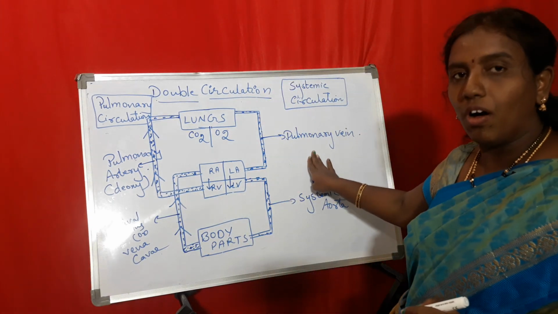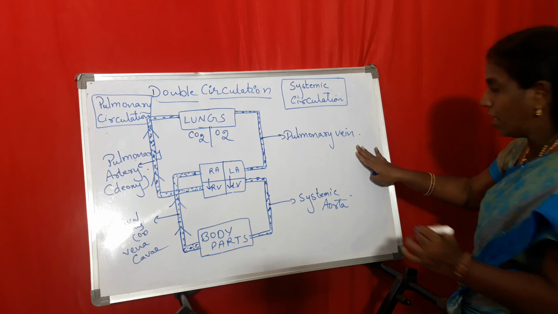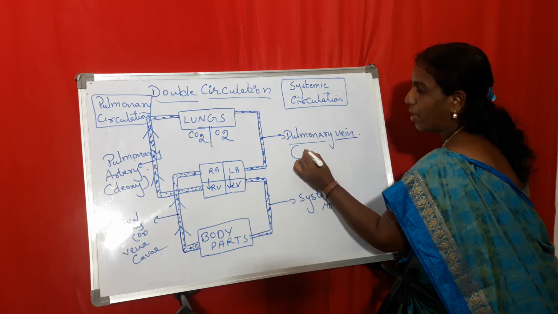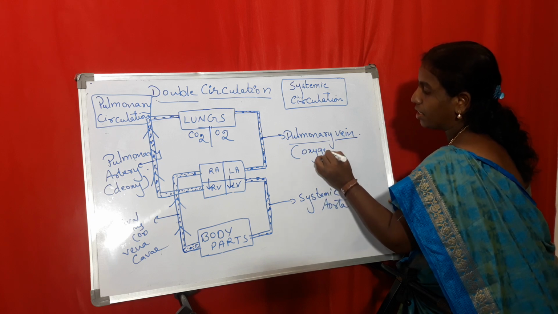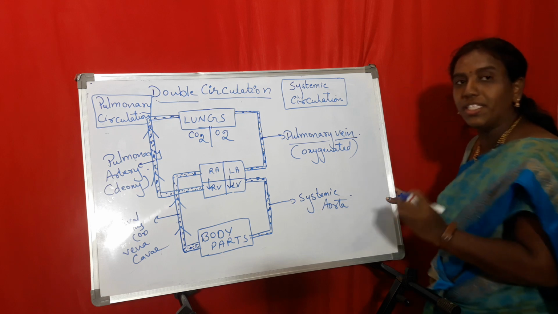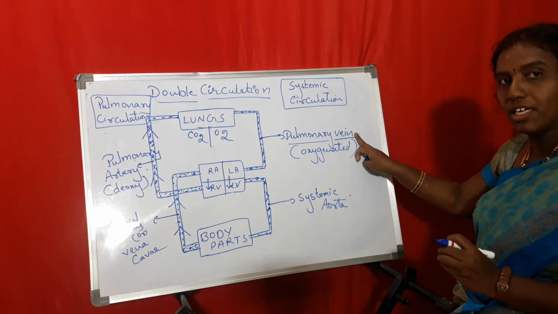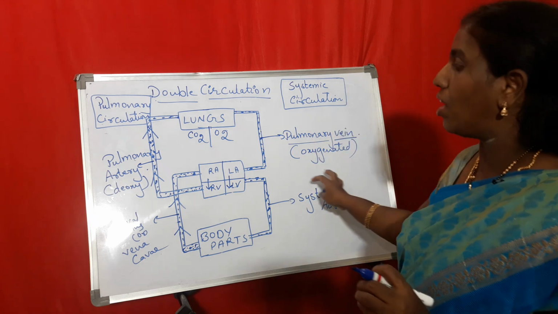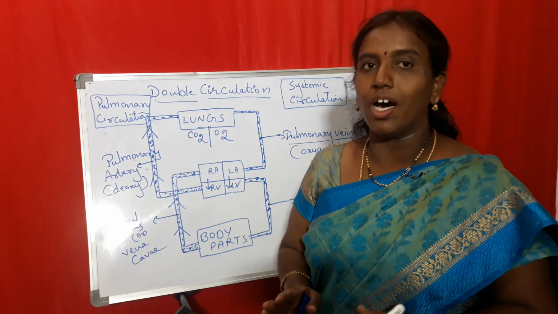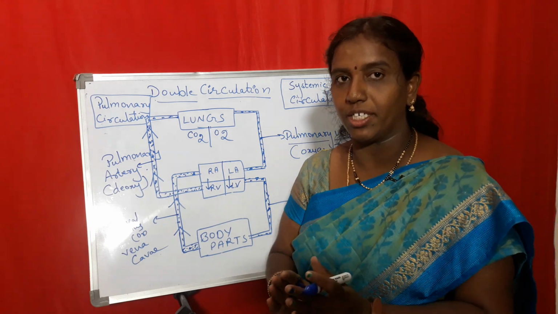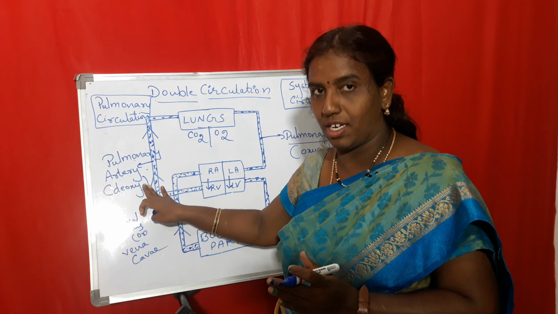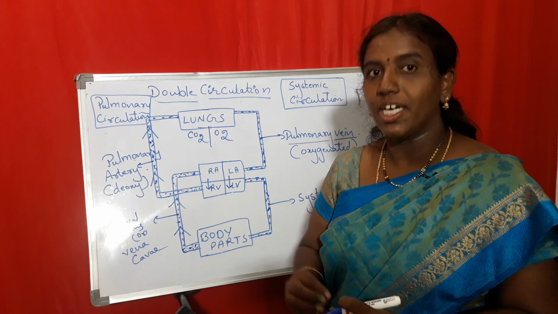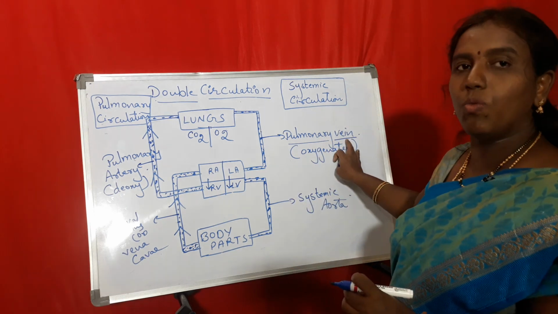Coming to veins, all veins carry deoxygenated blood, whereas pulmonary vein carries oxygenated blood. These two are exceptions. All arteries carry oxygenated blood except pulmonary artery. All veins carry deoxygenated blood except pulmonary vein.